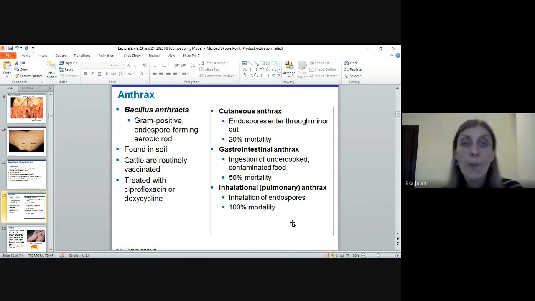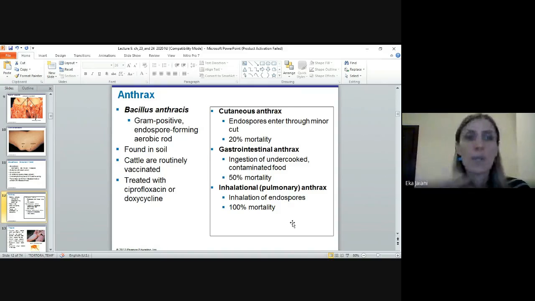And when people inhale the endospores, Bacillus anthracis infects macrophages. That's why it is discussed here in the diseases of the cardiovascular and lymphatic system. And through macrophages, it spreads to different parts of the body. It moves to the endothelium, and causes inflammation, it causes pulmonary edema.